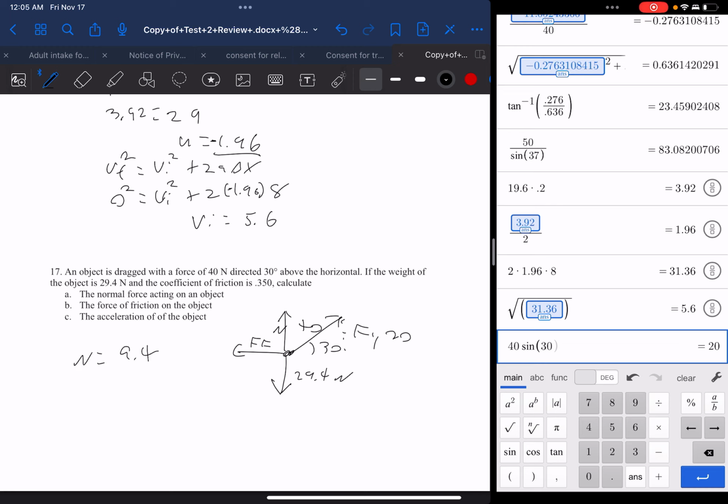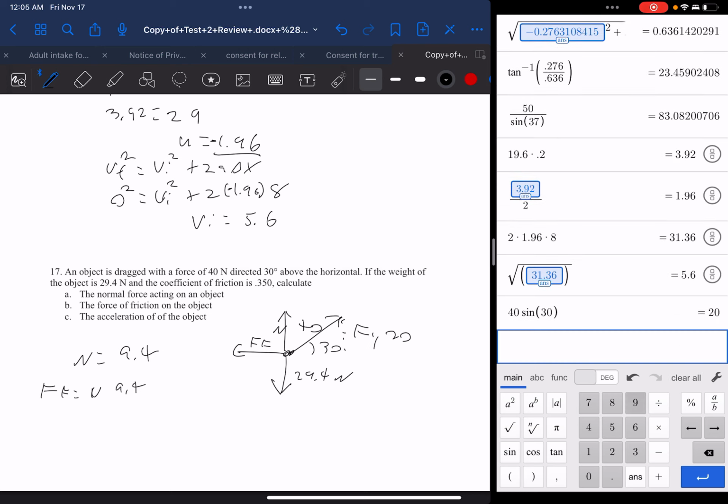If N equals 9.4, we can calculate the force of friction as the coefficient times 9.4. The coefficient is 0.35. So 9.4 times 0.35 is 3.29. So the force of friction is 3.29 newtons, which is going to allow us to calculate the net force. Again, our up arrows and our down arrows cancel out, so none of these matter.